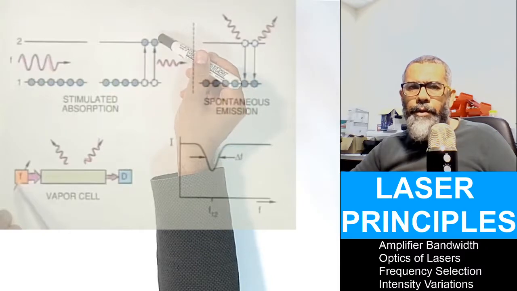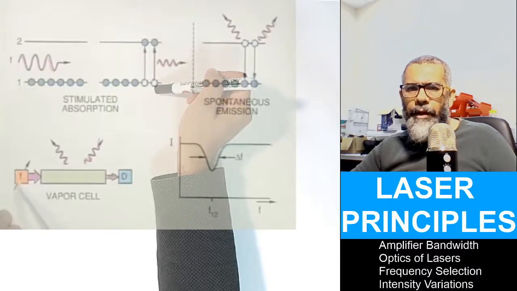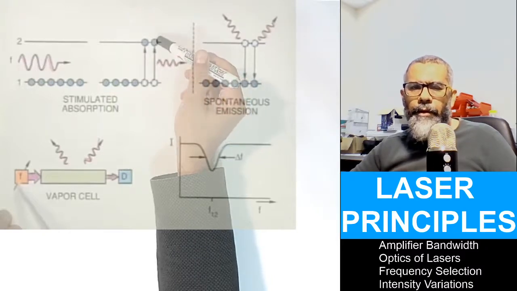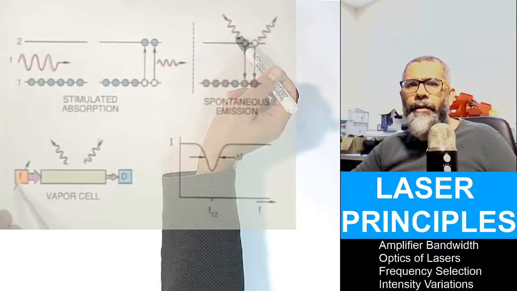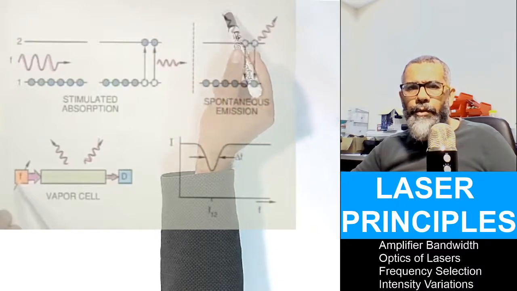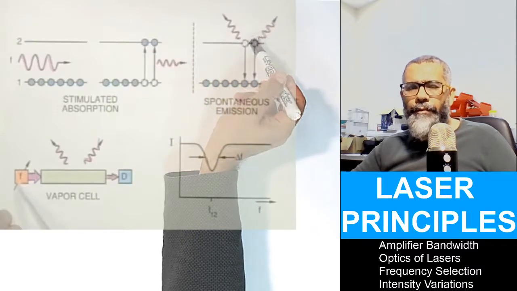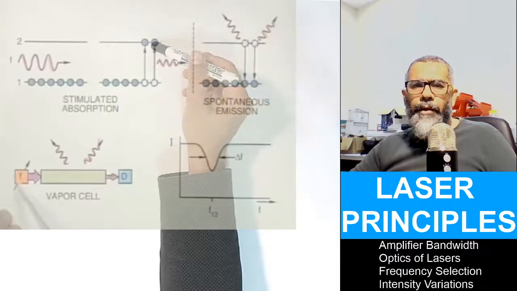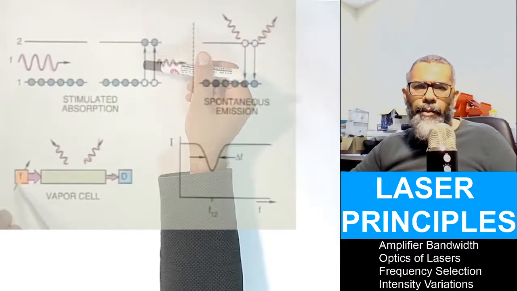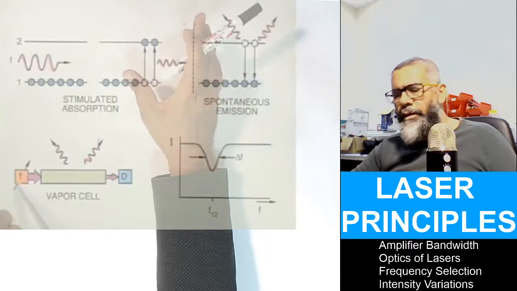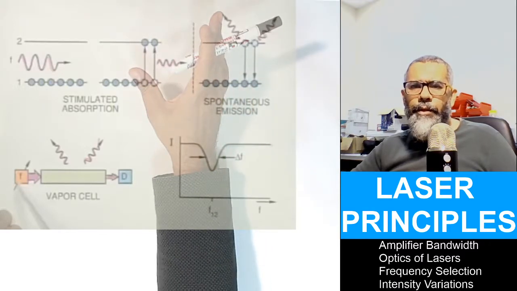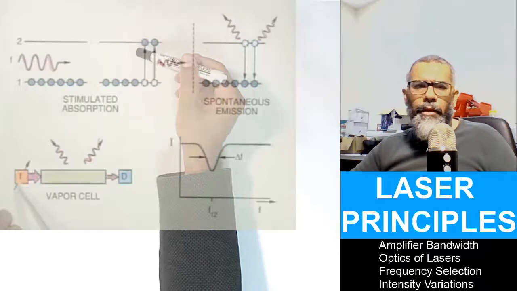And of course, since they change their energy level, when they go down, they lose energy, but this loss of energy will be converted to photons. If you ask how long they will stay there, it's typically on the order of a nanosecond.